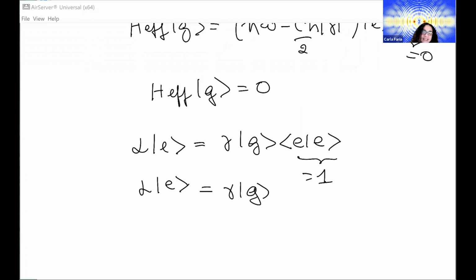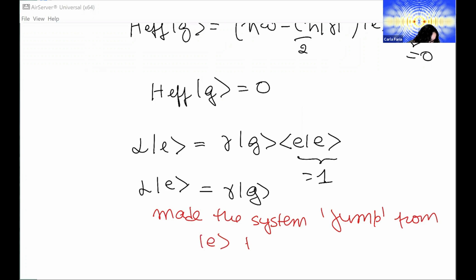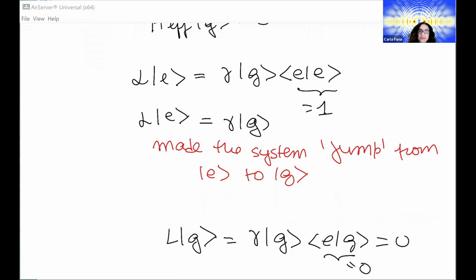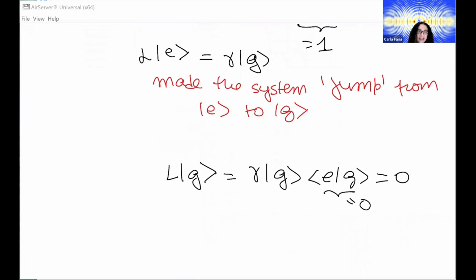So as expected and as stated, this made the system jump from E to G. I mean, after all, it's a jump operator, and you can see as well that if you apply L to G, you get γ|G⟩⟨E|G⟩, and this is 0 because the states are orthonormal, so you get 0.